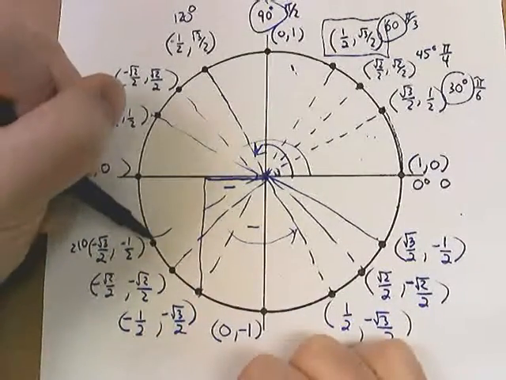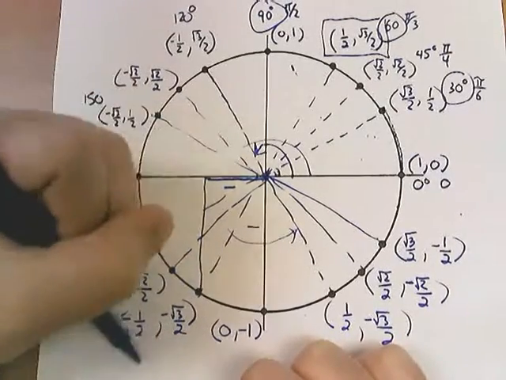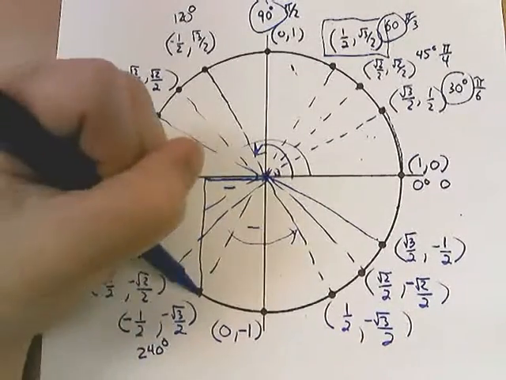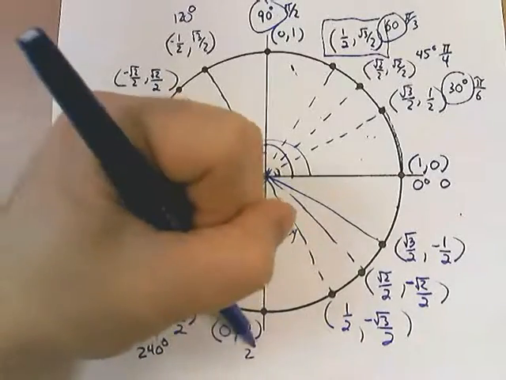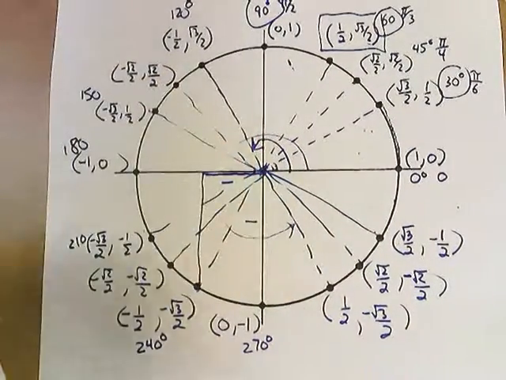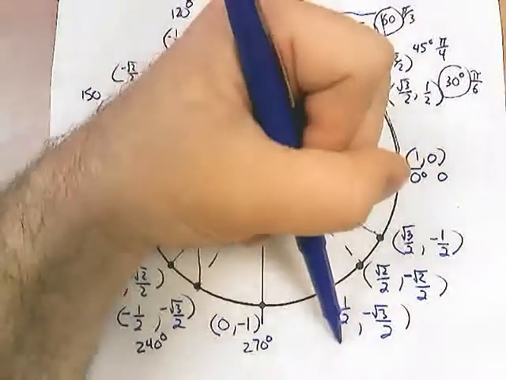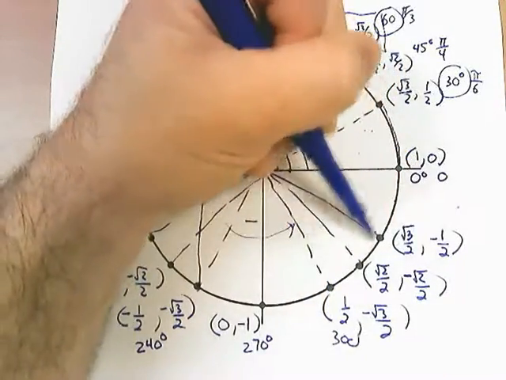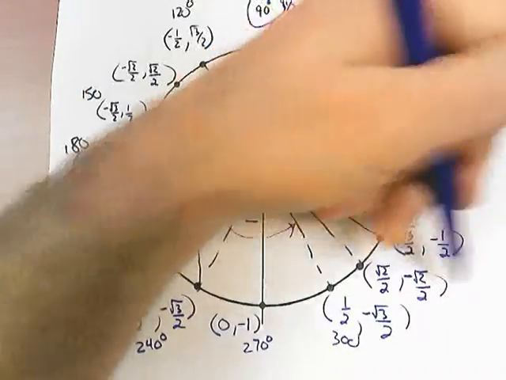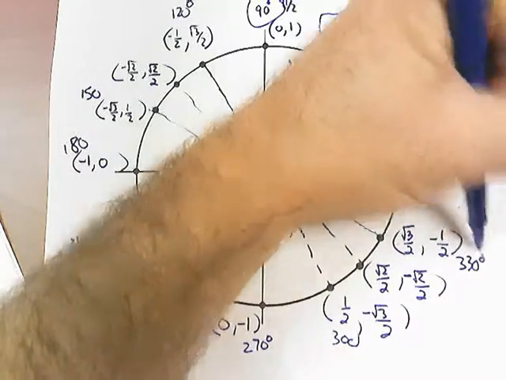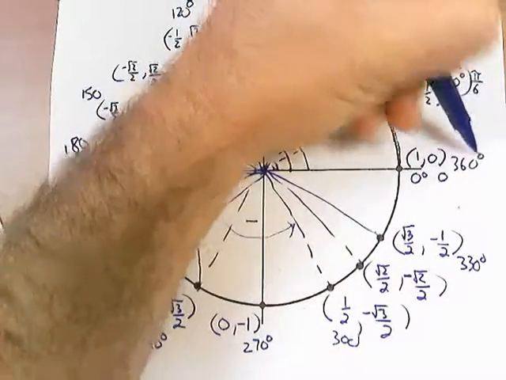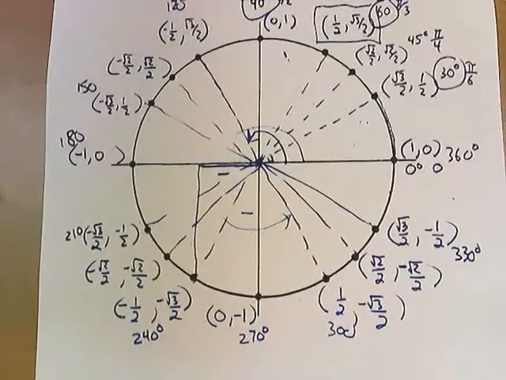Plus 30 gets me 240. Plus 30 gets me 270. Plus 30 gets me 300. Hop the one in the middle. We're going to go right here. 330 and 360. So just counting by 30s, I get a whole bunch of the degree amounts.